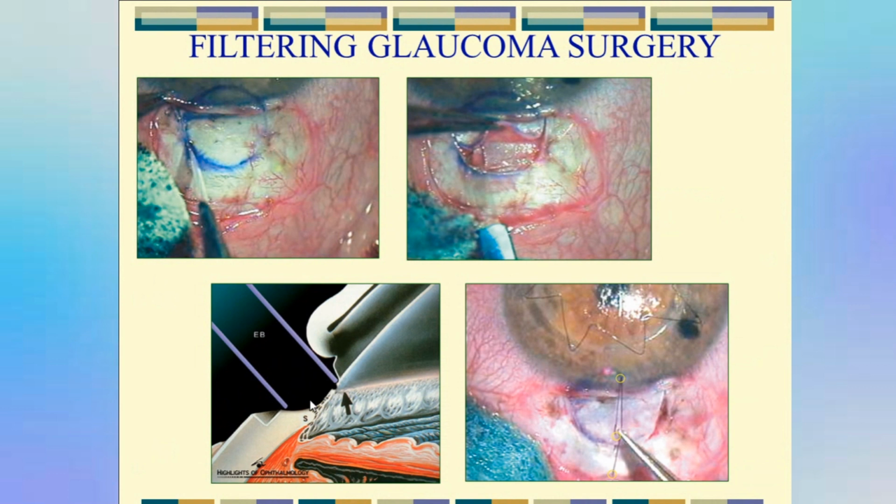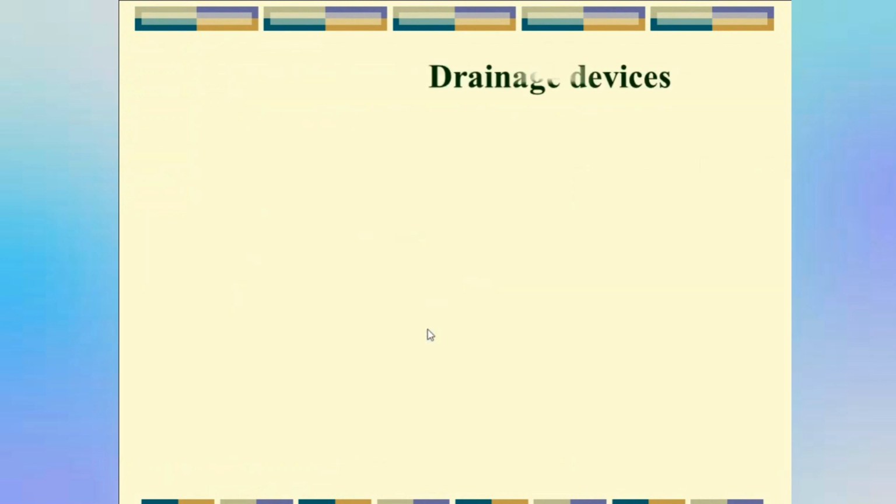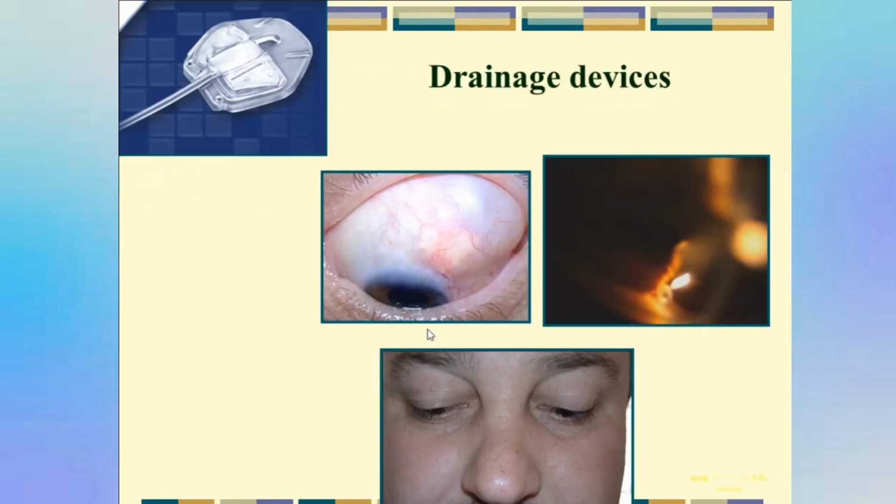Usually this fluid goes under the conjunctiva. Again, you see the picture. Then we put some sutures on this piece of the sclera. In severe cases, we put different drainage devices in the eye, which also help the fluid to leave the eye.